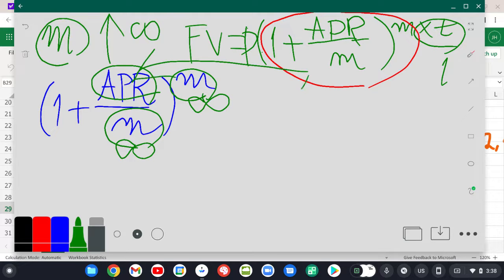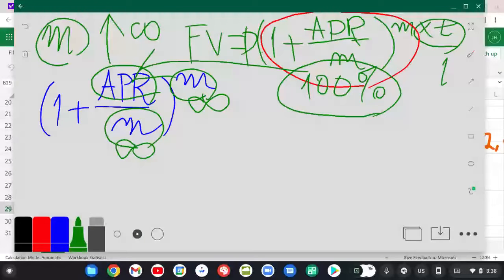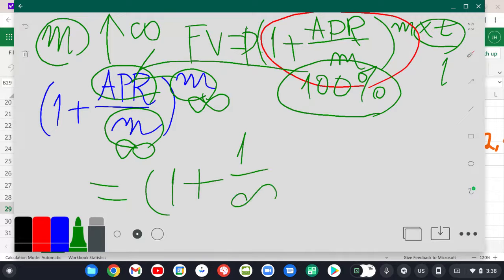So in other words, if we can double our money every year, because 100% is 1, and later we can just simply switch that 1 with any number. For now, we'll just assume APR is 1 or 100%, then this will look like 1 plus 1 over infinity raised to infinity.